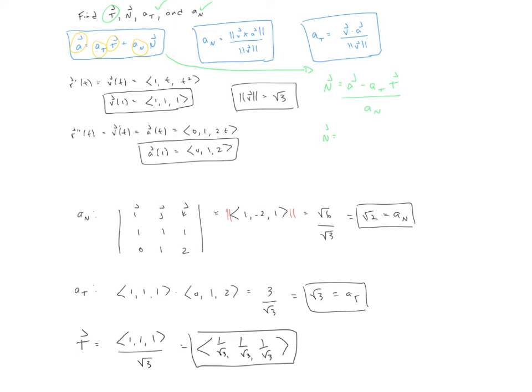So n is going to be our acceleration vector. So we've got 0, 1, 2, minus A sub t, which was the square root of 3, times the unit tangent, which is 1 over root 3, 1 over root 3, 1 over root 3, all divided by A sub n, which was the square root of 2.